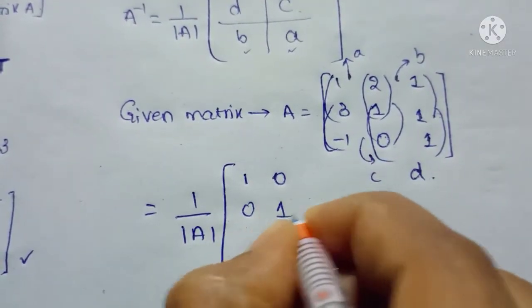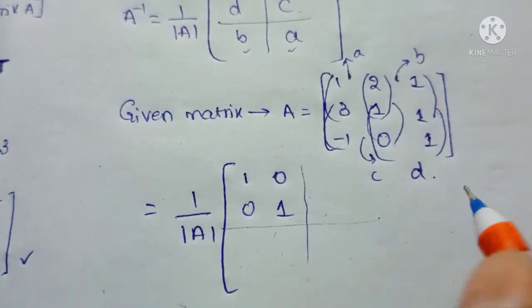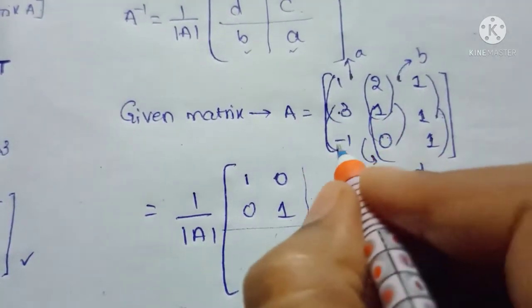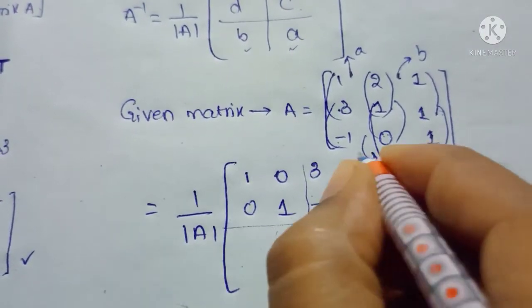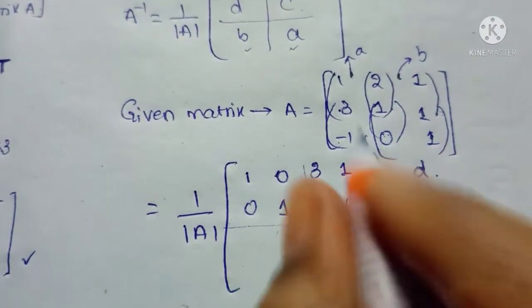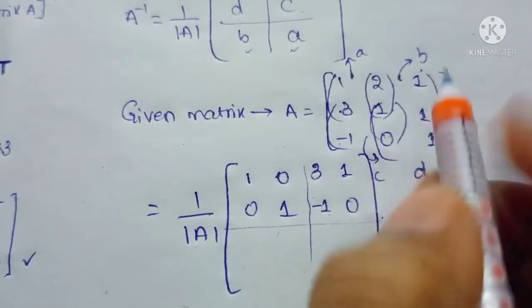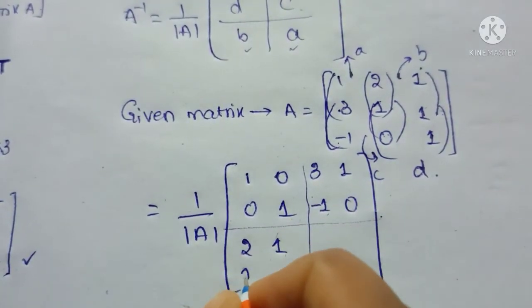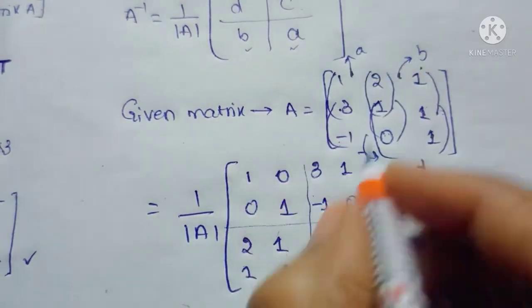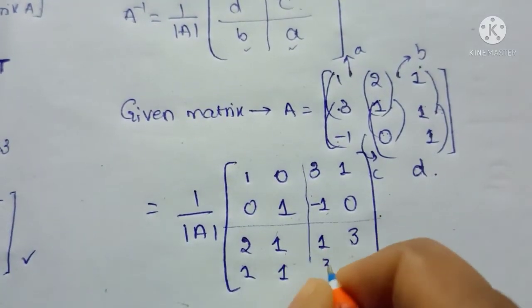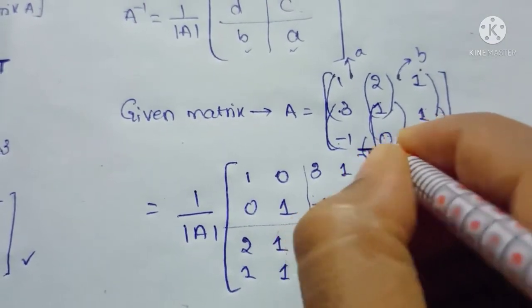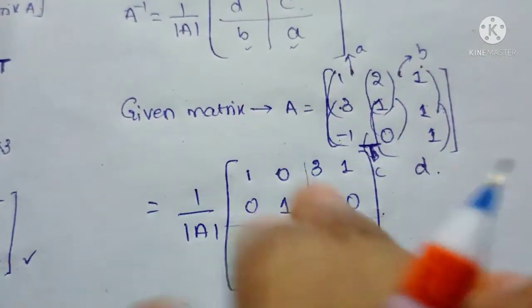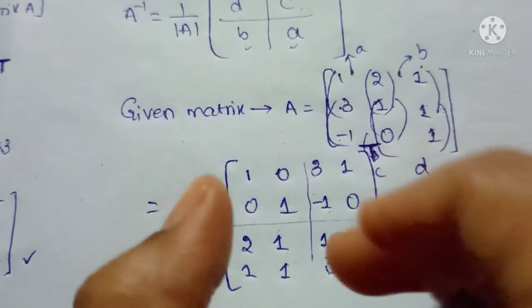Similarly B is 2 1 1 1, and for A: 1 3 3 1. Whole transpose. How do you find the transpose of a matrix?